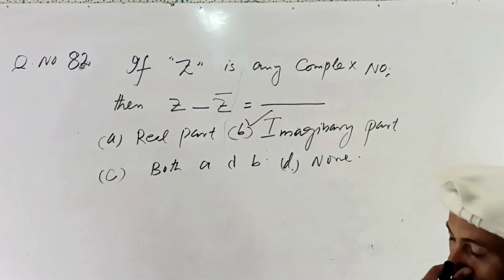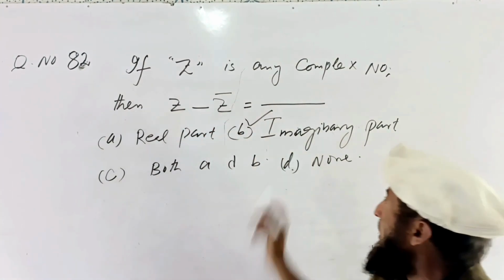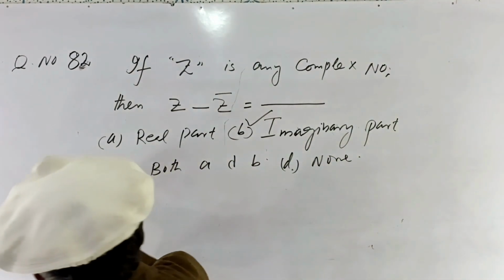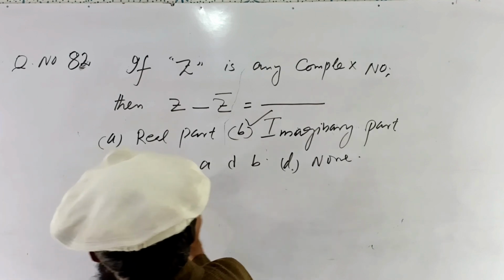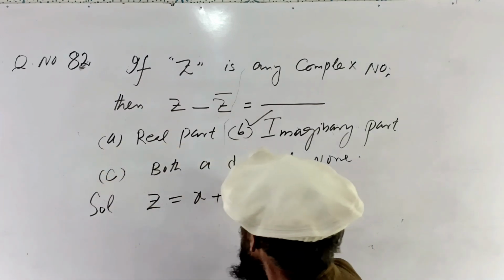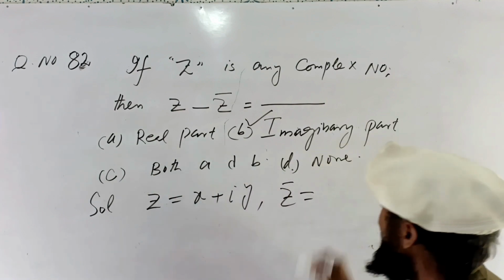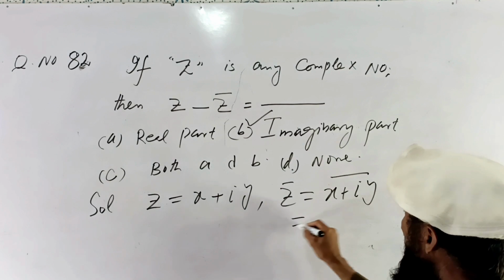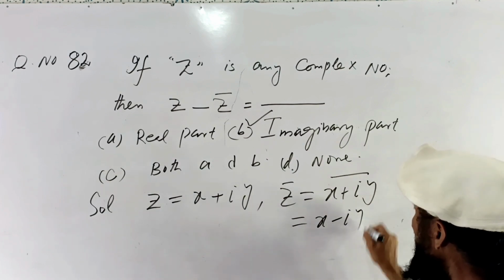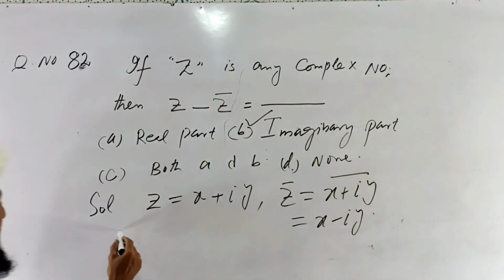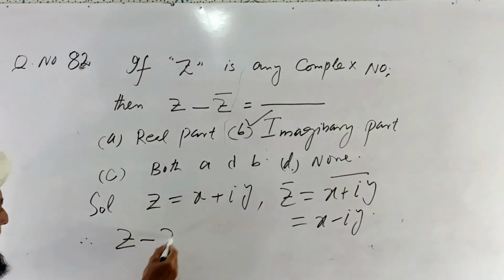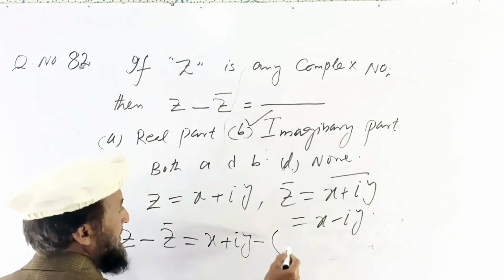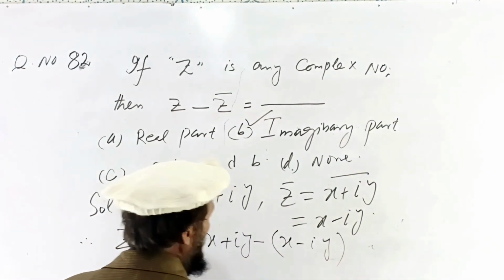So that is already a property: Z minus Z bar is equal to the imaginary part. How? If Z is any complex number x plus iota y, its conjugate is x minus iota y. Z minus Z bar is equal to x plus iota y minus x minus iota y.